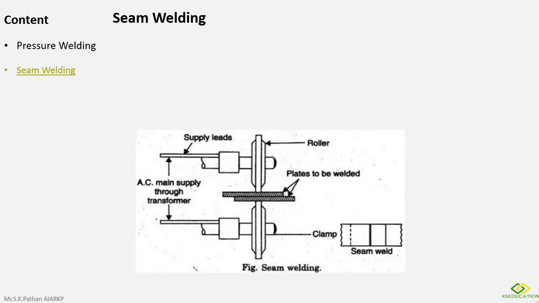Second is seam welding. This is also a pressure welding process. This is a diagram of seam welding in which there are two rollers, one at the upper side and one at the lower side, and in between these two rollers there is a metal plate which needs to be welded, and these two rollers are connected with an electrical supply.